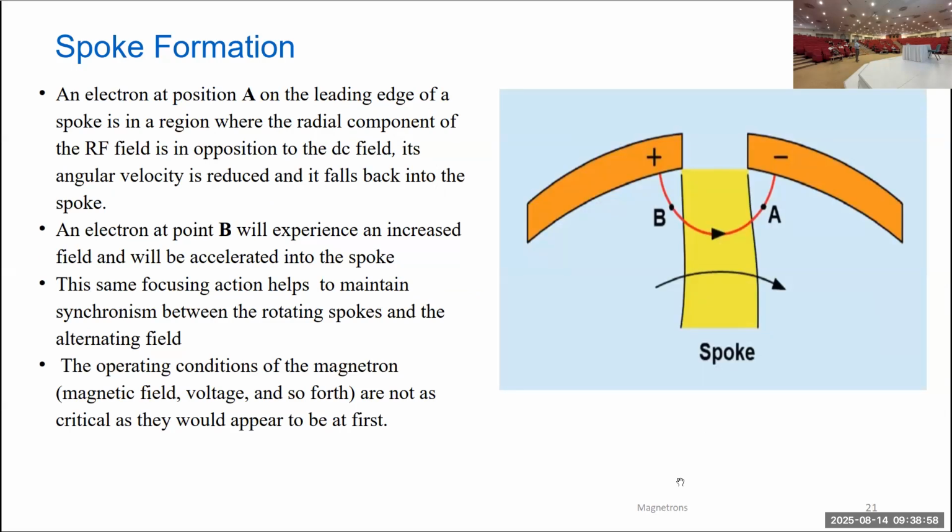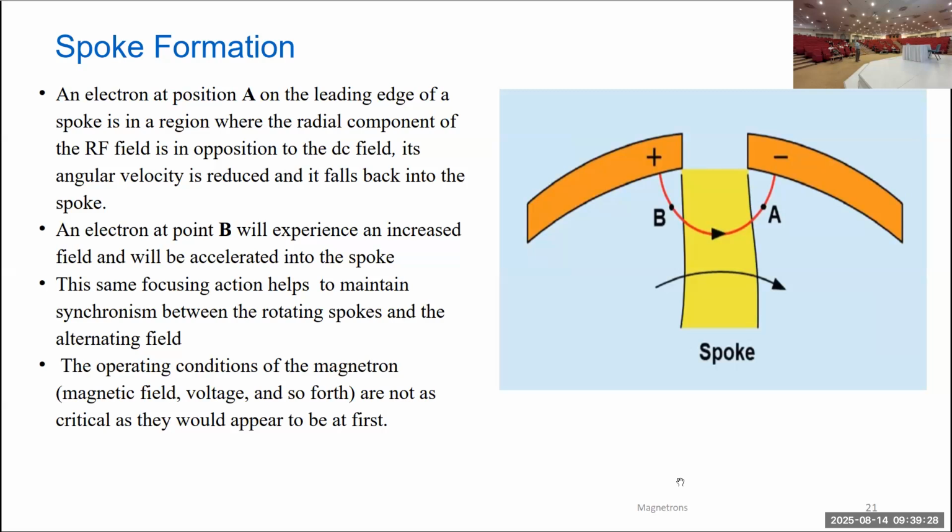Now, a little more discussion about the spoke. For an electron at position A, when there is a field inside this cavity, there will be an electric field. When electrons moving in the spoke are at position A, what happens to them?